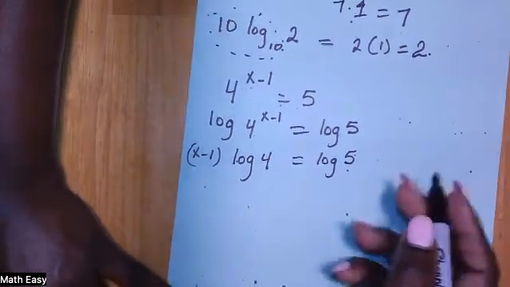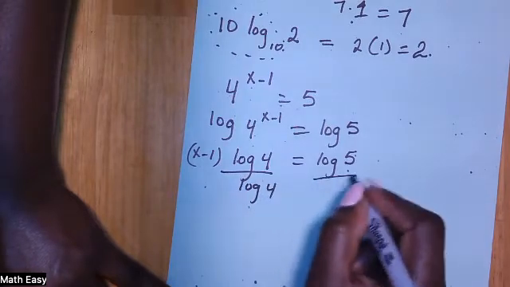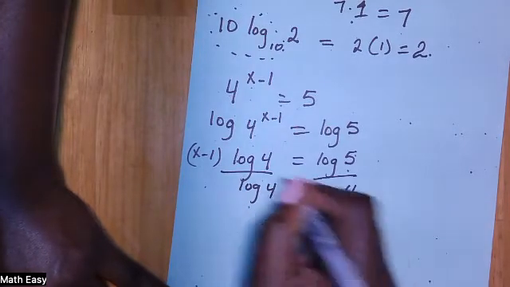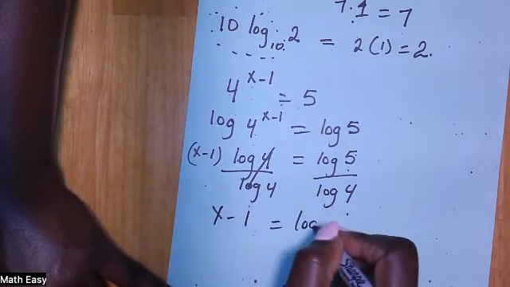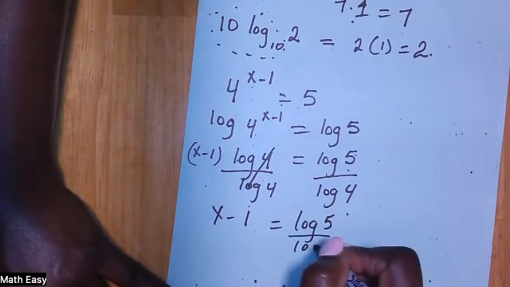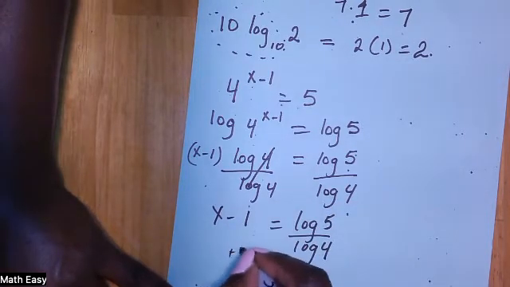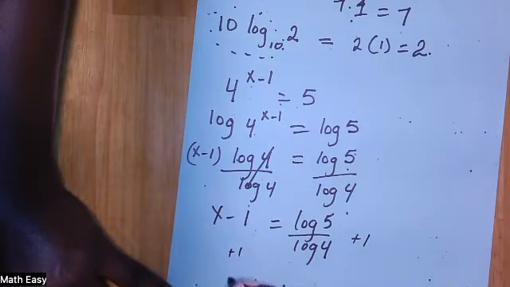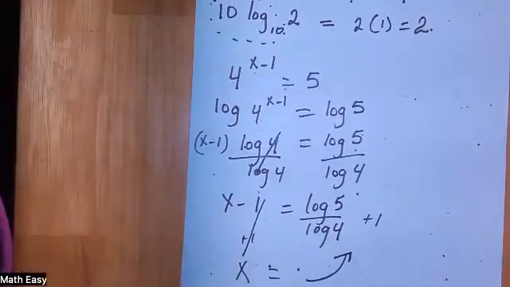All right, then we get rid of log 4. So we have x minus 1 is equal to log 5 divided by log 4. And the final step is to add 1 to both sides. So x will be equal to whatever this gives us.